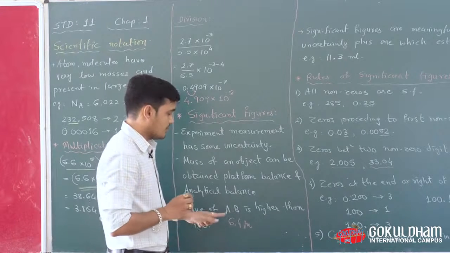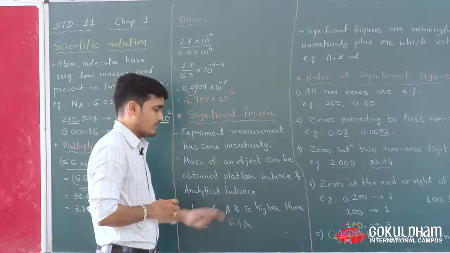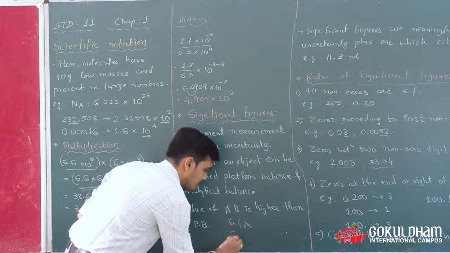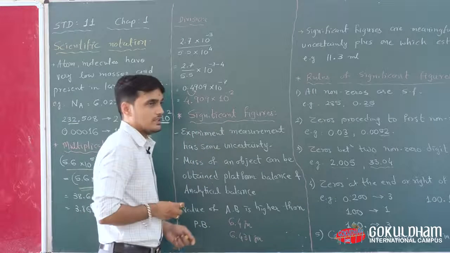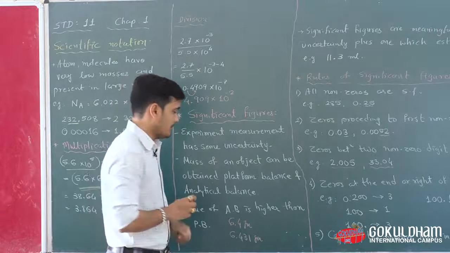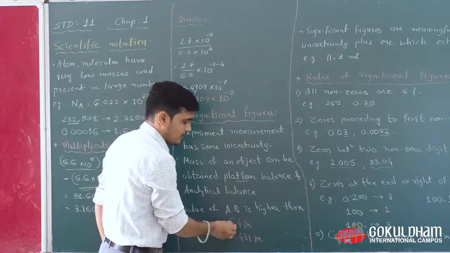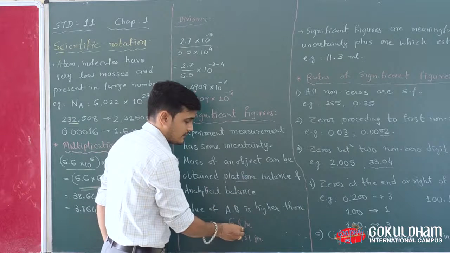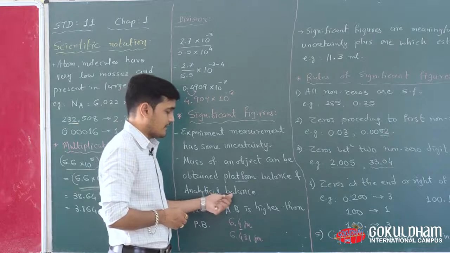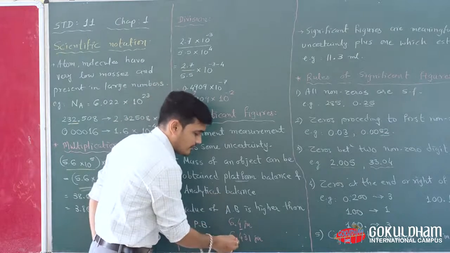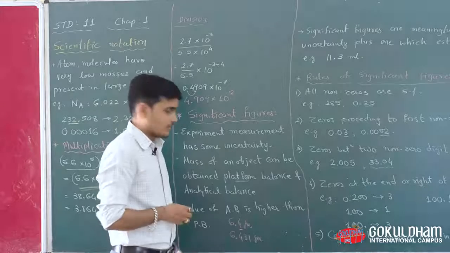But the same object we put in the analytical balance. So the analytical balance will show the value of 6.431 gram. Means on the platform balance you will see only one digit after the decimal, and with the help of the analytical balance you will see 3 to 4 digits after the decimal point.